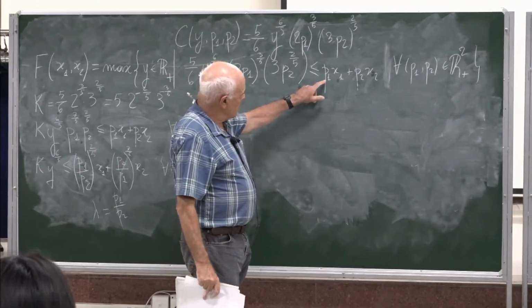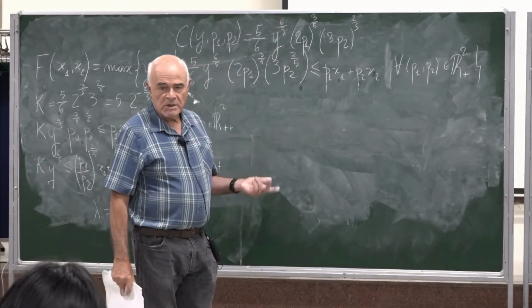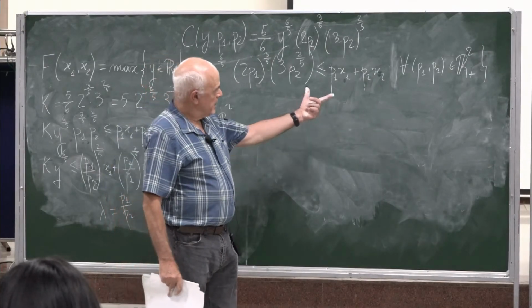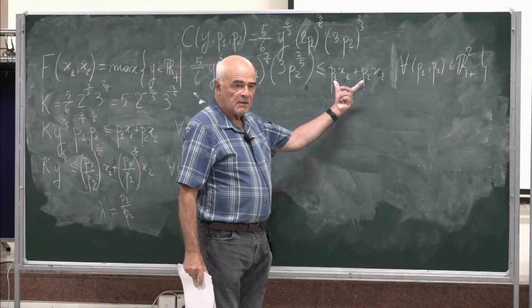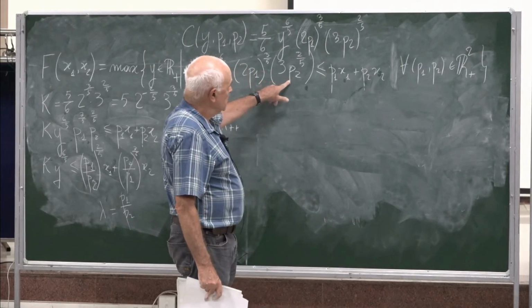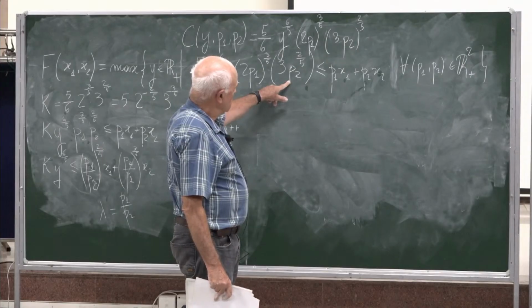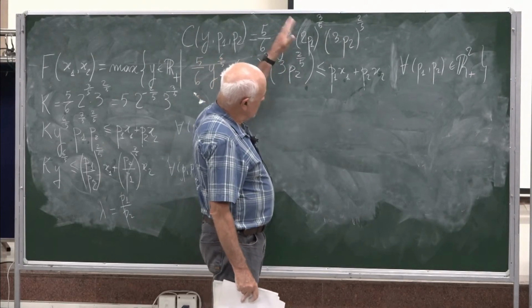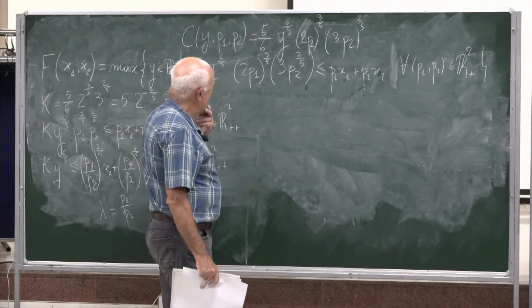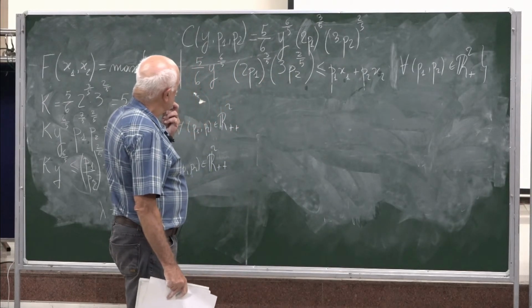Because I can take P1 as small as necessary. Okay, and then here I get a number very close to 0, but P2, I don't play with P2. Or I make P2 go to plus infinity. What is the correct argument?